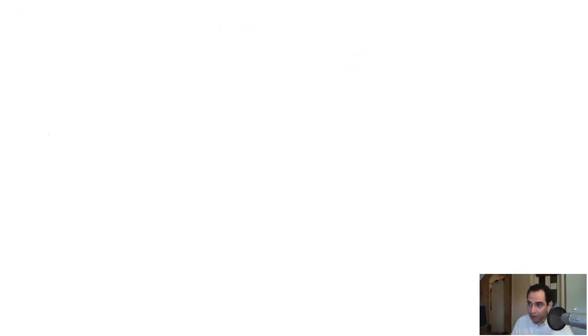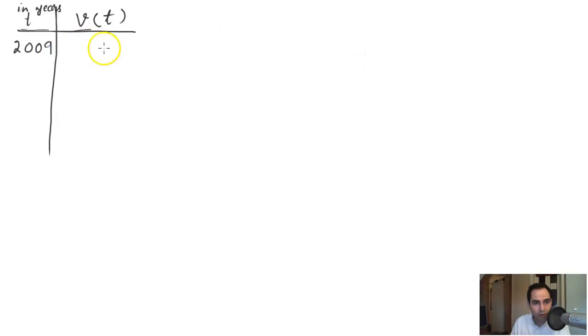The study found that the percent of the population who are vegans in the United States doubled from 2009 to 2011. So basically you can build this table, and this is T, time in years, and this is the number of vegans. Let's call it V of T as a function of time. So what's happened here in 2009?